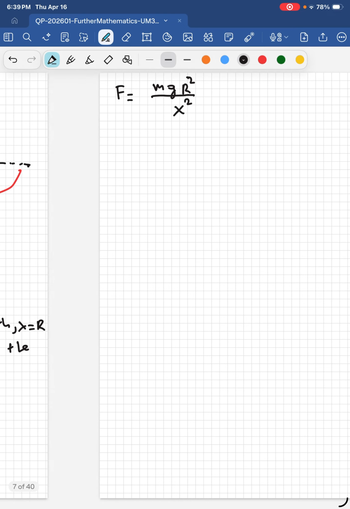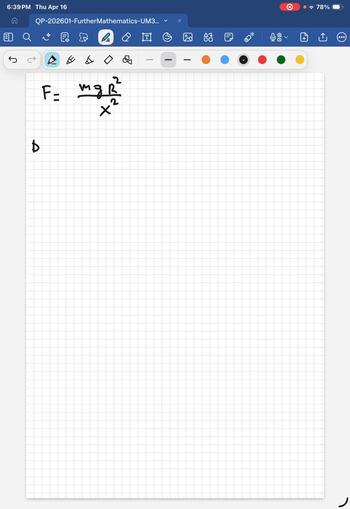Basically, what we will do is the following. We will write down F is equal to mass times acceleration. We are going to use Newton's second law, in other words. So the force is m g r squared over x squared, and it's equal to m times dv over dt.